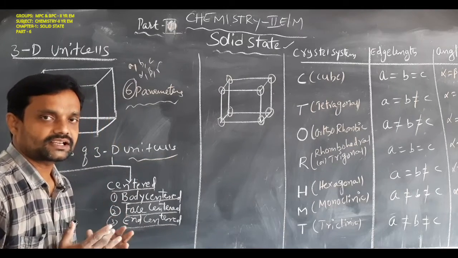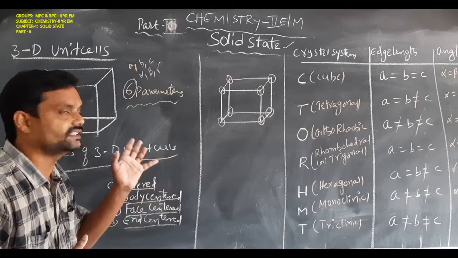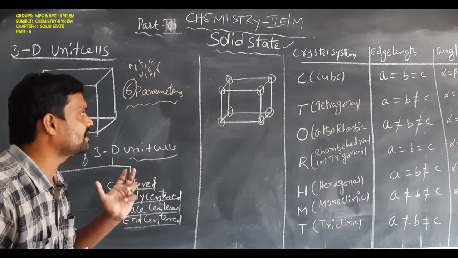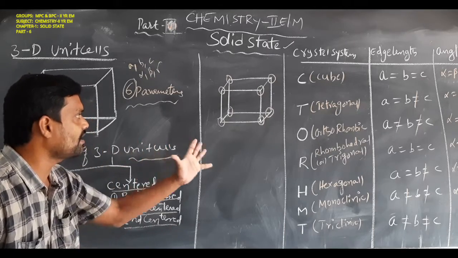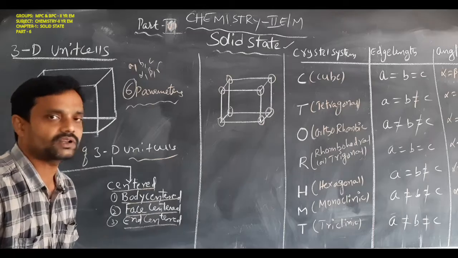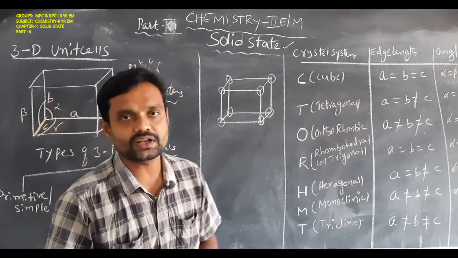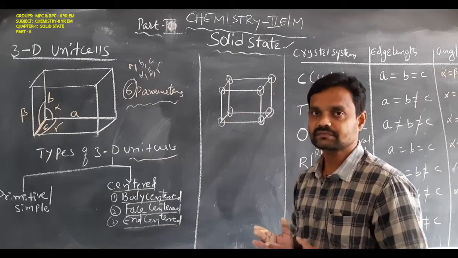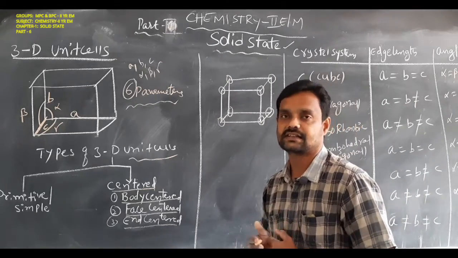So when the atoms or ions occupy only the corners of the unit cell, that type of unit cell is called a simple or primitive unit cell. That is the meaning of the simple or primitive unit cell: atoms are present only at the 8 corners.